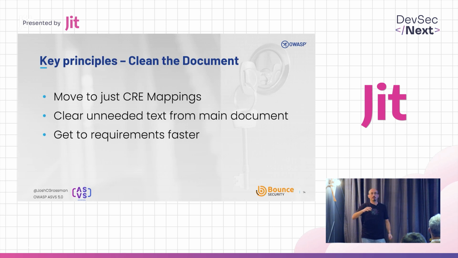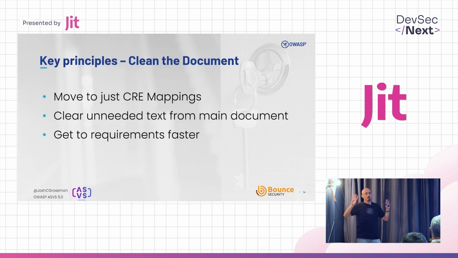In terms of mappings, mapping ASVS to other standards and to other OWASP resources, for those of you who aren't familiar, OWASP has lots and lots of different projects, including some very sophisticated ones, such as the OWASP Cheat Sheets project, which has detailed guidance on lots of different security problems and how to address them. There's one project called the CRE, the Common Requirements Enumeration.